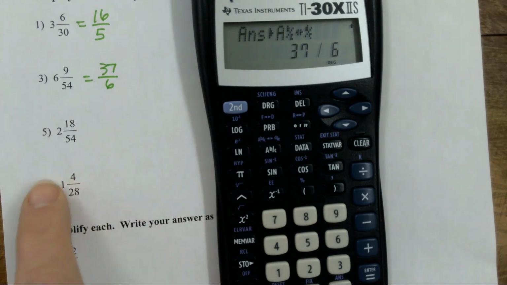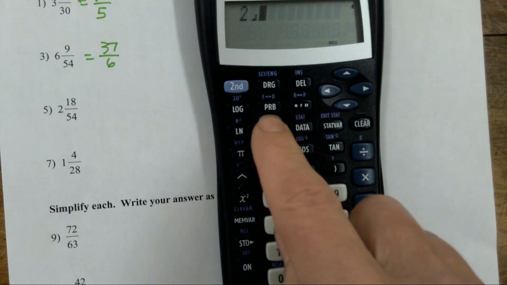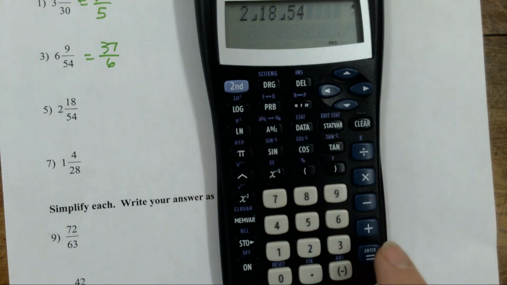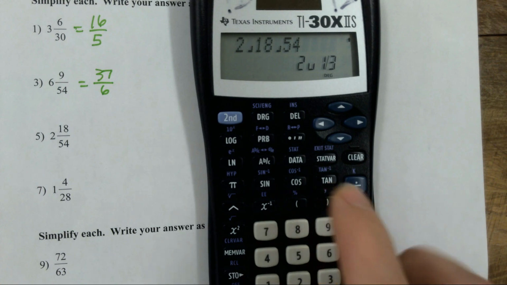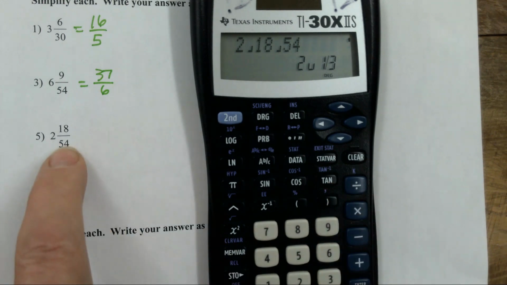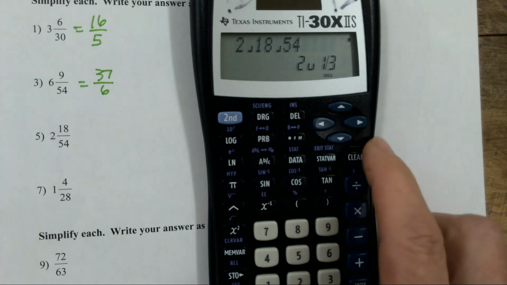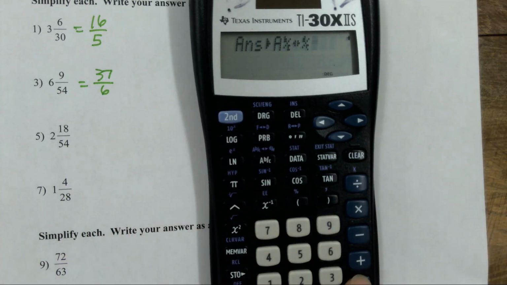Okay, so let's try the next one. So this is 2 fraction 18 fraction 54 equals. I'm doing number 5. And then I want to change it to improper. So second fraction equals.